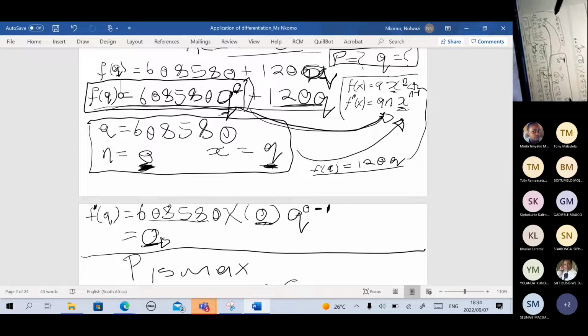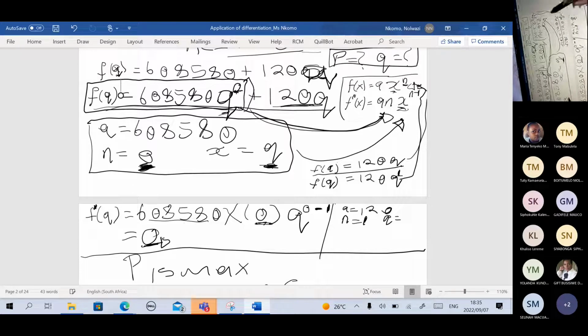Now 120q is the same thing as 120q to the power 1. So if we compare this function, our a now is 120, our n is 1, and our x is q.